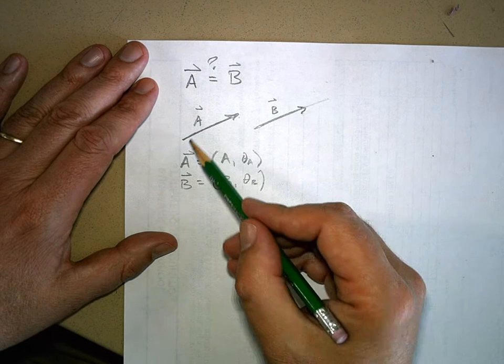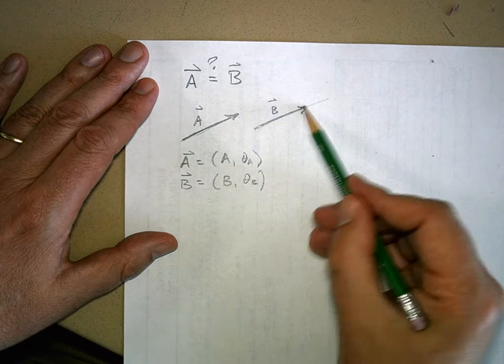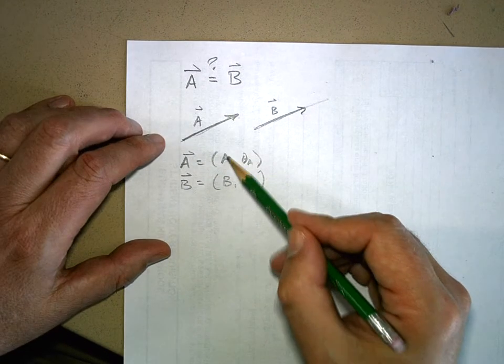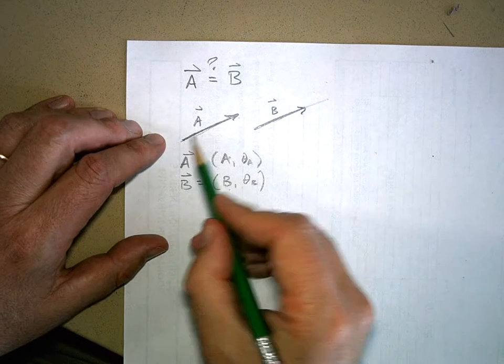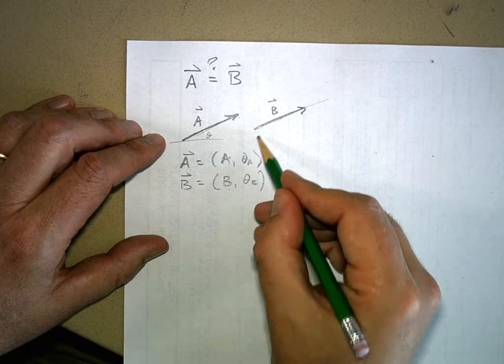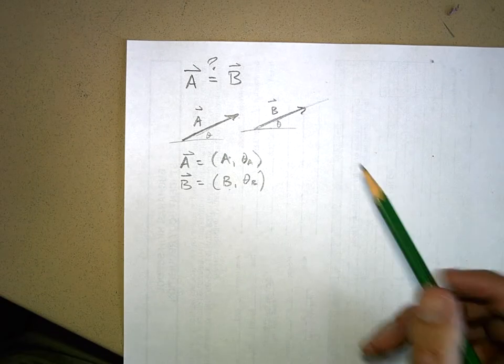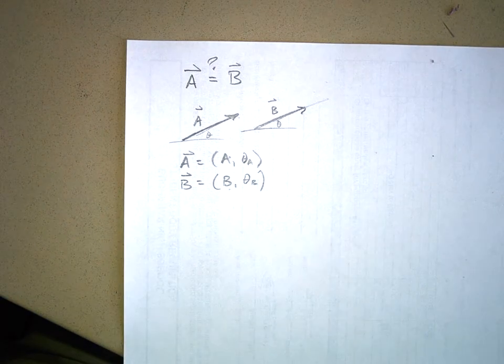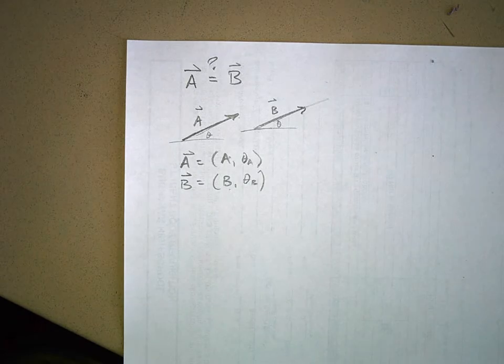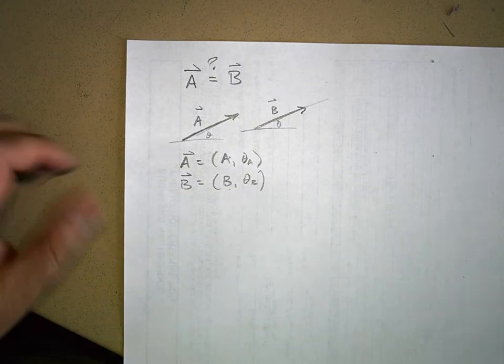If the magnitudes of A and B are the same, and if this angle is the same as this angle, that is, they're parallel, I guess, then they are equal. We are saying that they are equal. We're defining those two vectors to be equal. Just kind of the way we decided to do it. Now, adding vectors.